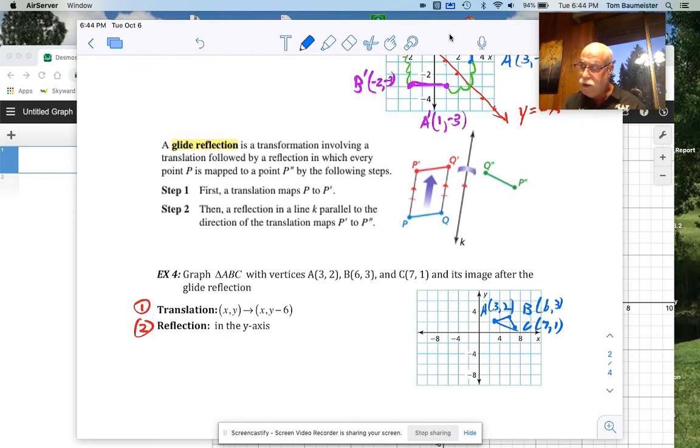So the translation first tells us to do what? It says our X is going to stay the same, but then we're going to take our Y and go to Y minus 6.